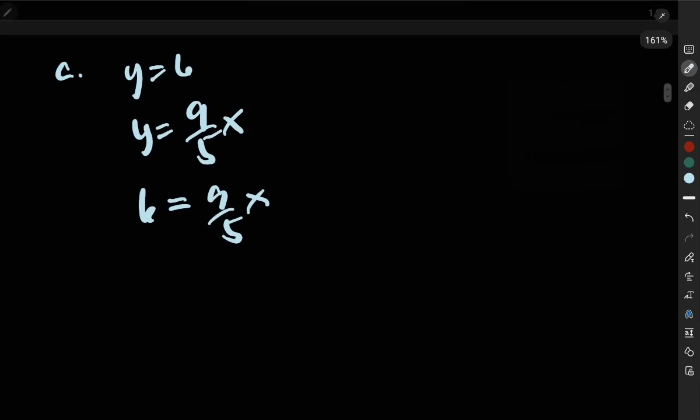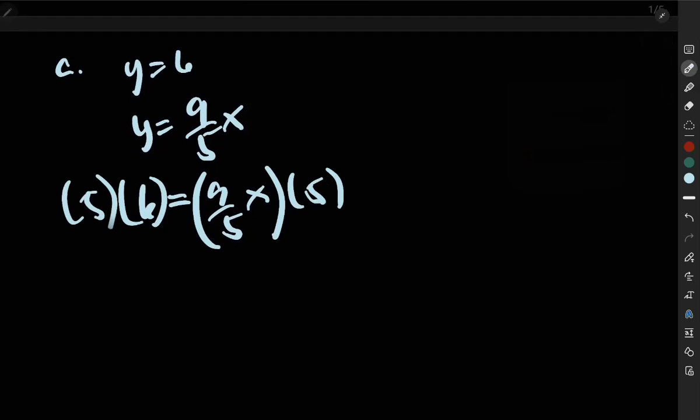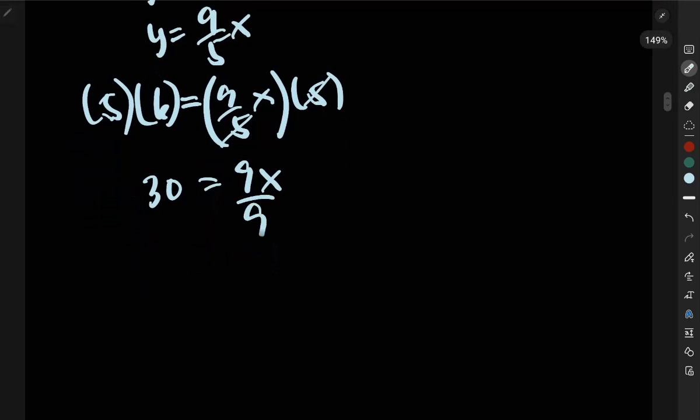When we're solving with a denominator, I want to avoid the denominator first. So I want to multiply both sides by 5 so that there's no more denominator 5, because I don't like to see any denominator. So we're going to cancel the 5. 5 times 6 is 30 and there's no more 5 in 9. So it's just simply 9x. After that, I'm going to divide 9 on both sides so that it becomes 30 over 9.